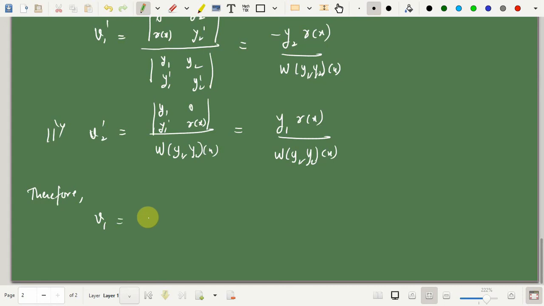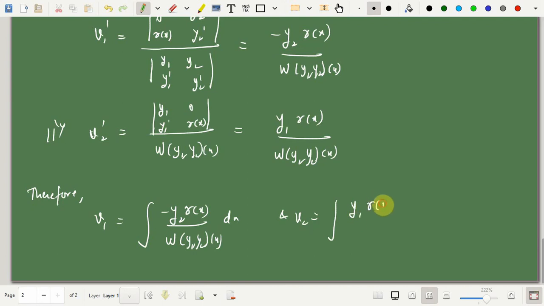v1, by integrating, we get the integral of minus y2 r of x upon Wronskian of y1 comma y2 of x into dx. This y2 is a function of x, in fact you can take it. And v2, we don't take the integral of a constant, because we may integrate it from x to some constant fixed point in the interval, so we don't consider that in this case.